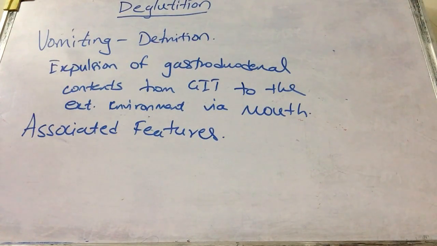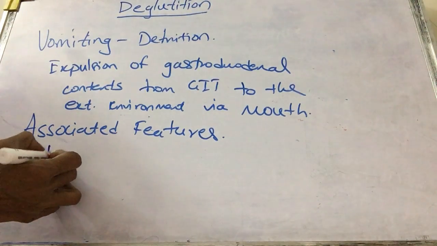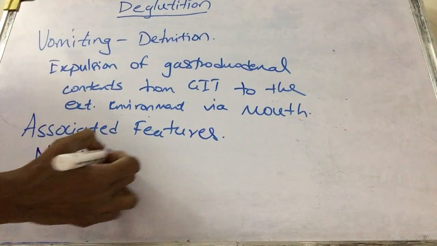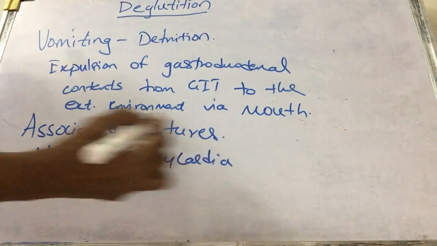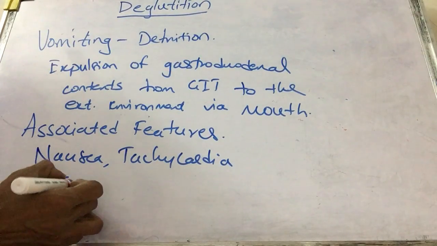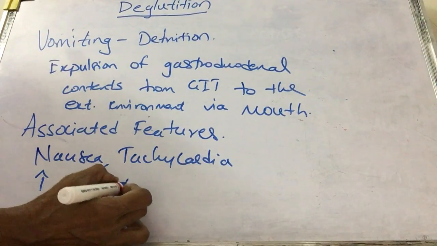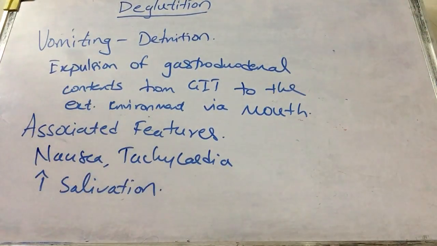So it is associated with nausea, tachycardia, and increased salivation in the mouth. All these will occur along with vomiting or just prior to the vomiting. These are the associated features.